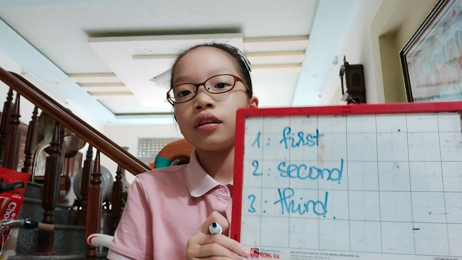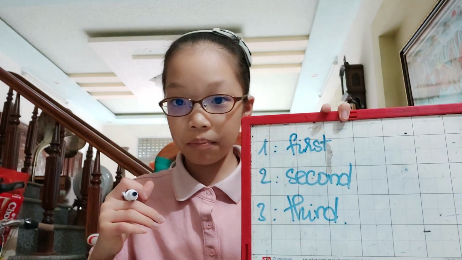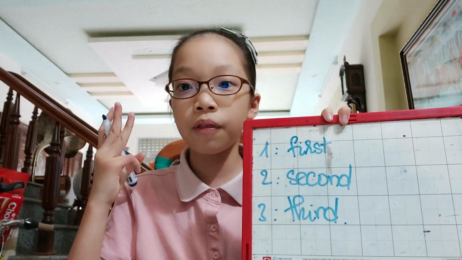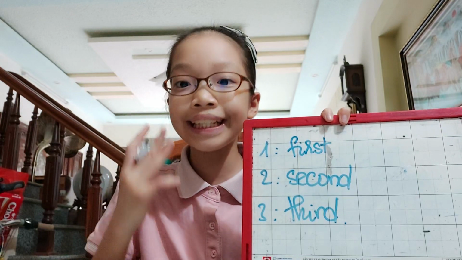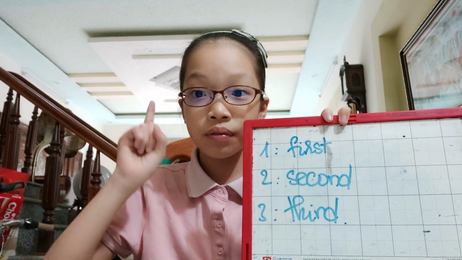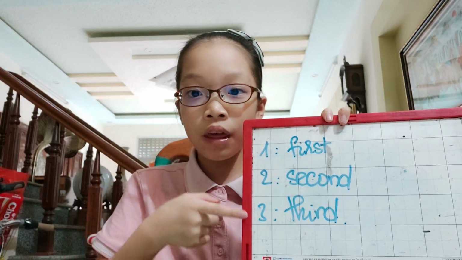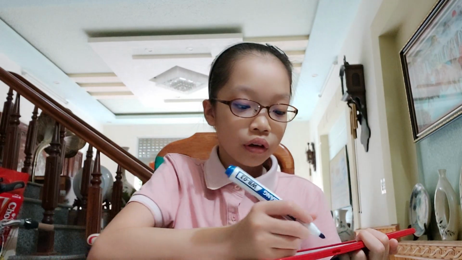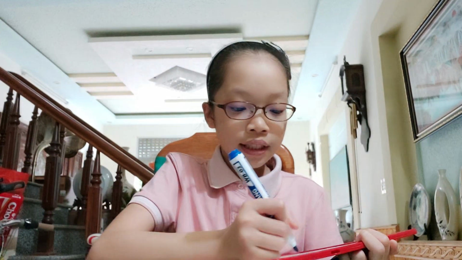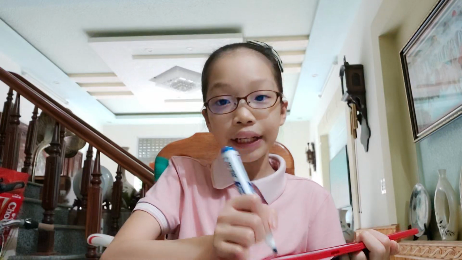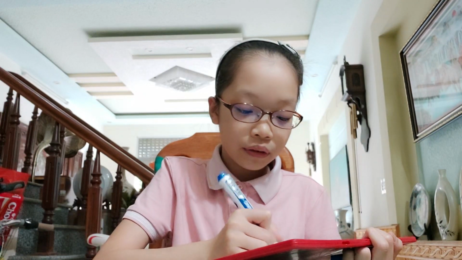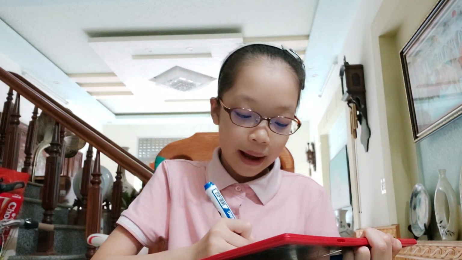So here, the first thing that you have to remember is the first three ordinal numbers. So first, second, and third. You must remember those three. But moving on to 4, it's super easy, guys. You just need to add the TH here. So I will give you 3 examples of it.